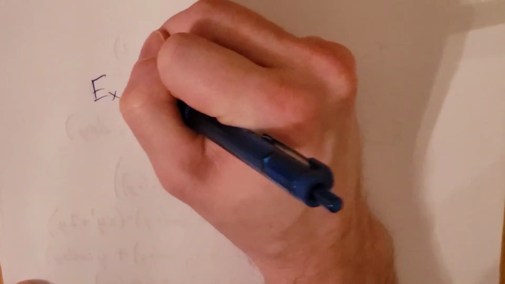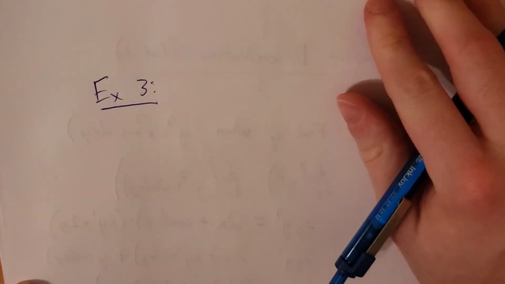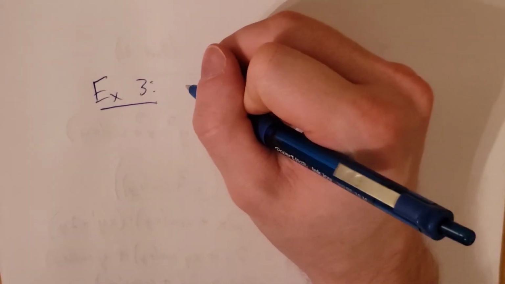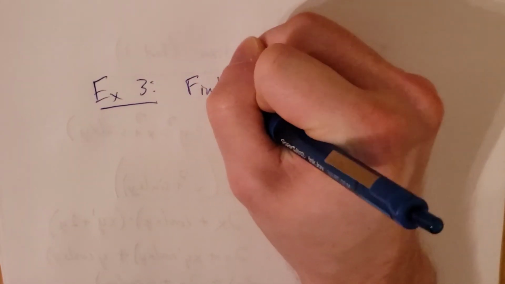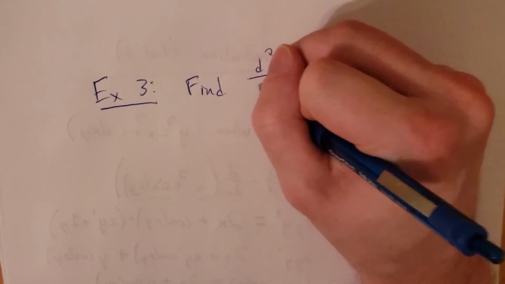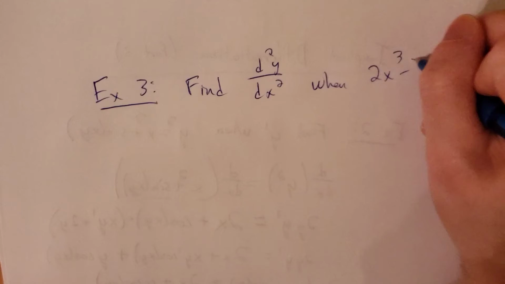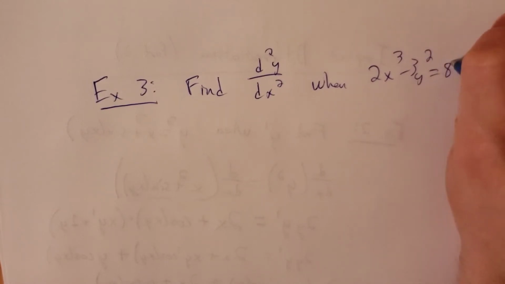Okay, so we have another example that we want to do now, and that is example 3. We are going to find the second derivative with respect to x when 2x cubed minus 3y squared is equal to 8.